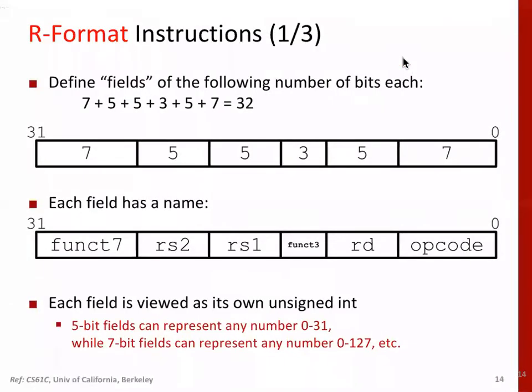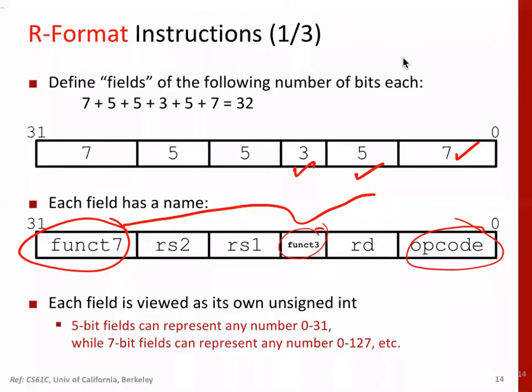First is of course the R type format, which is the register format. Overall, we have the opcode field, which is 7 bits, then the RD field, the destination register, 5 bits, then func3, 3 bits for function, which along with the opcode, we interpret what the instruction is. Of course, F7 is also there.